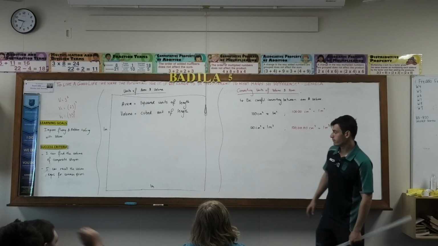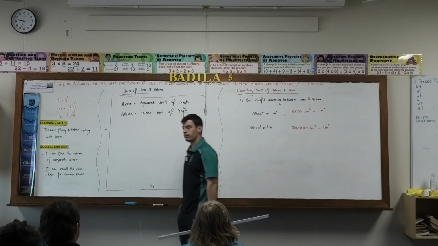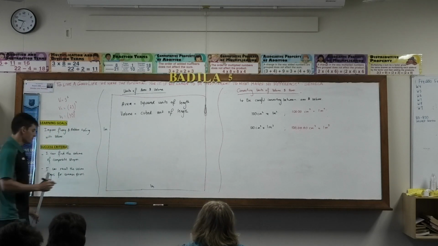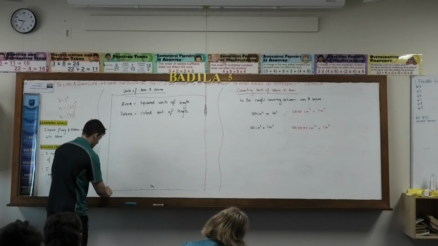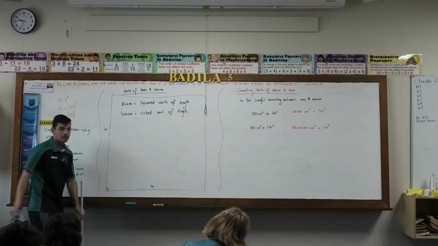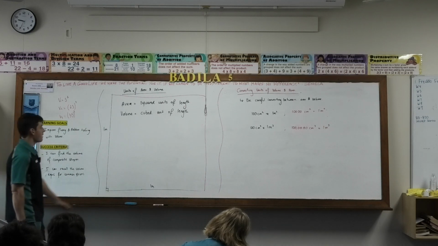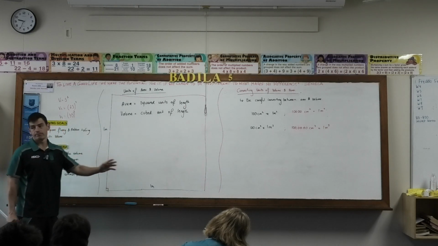By definition, what is a centimetre squared? It is 1 centimetre up by 1 centimetre across. So that is a centimetre squared. Happy with that? Probably a little bit bigger. How many of those could I fit in that shape? Guess.